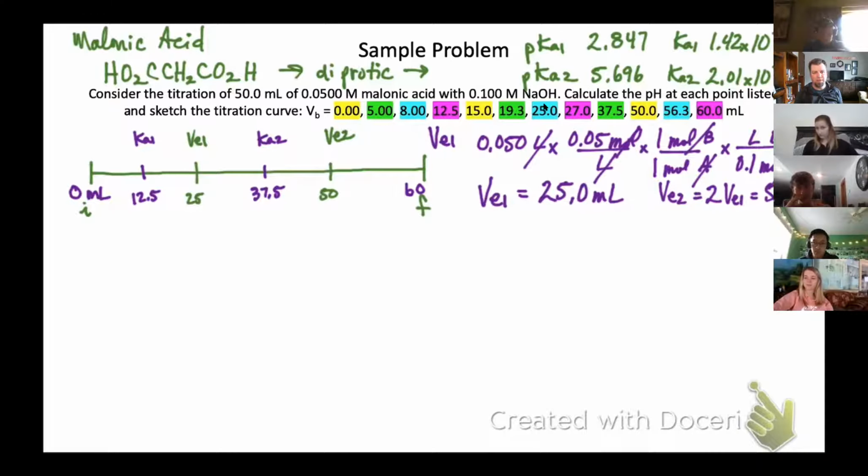We get that equivalence volume at 25 milliliters, and you can rationalize this, or you could go through the math again, but you end up with 2 times that volume for equivalence volume 2.